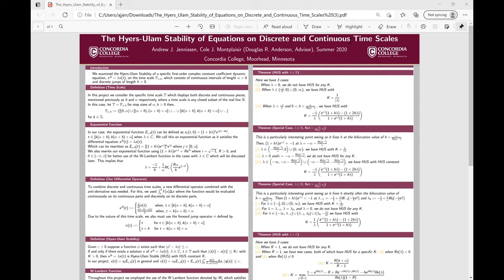And then we suppose there exists a solution of our equation, which we did prove before, with lambda in the complex numbers and t in our timescale, such that our function minus a perturbed version of that same function is within k epsilon of each other.